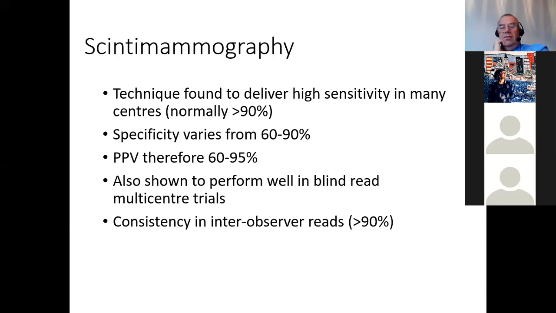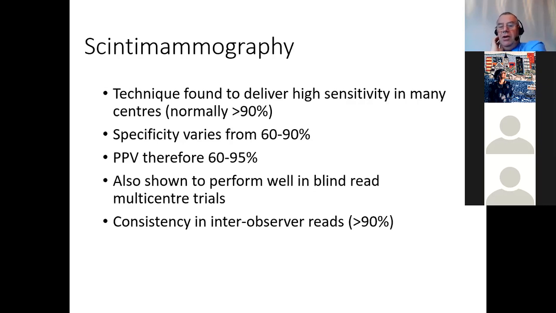So we do have the advantage with these functional techniques of having both high sensitivity and pretty high specificity, which is fairly unique. And this has all been proved by doing blind reads and multi-center trials, which is something that some of the other techniques haven't done.